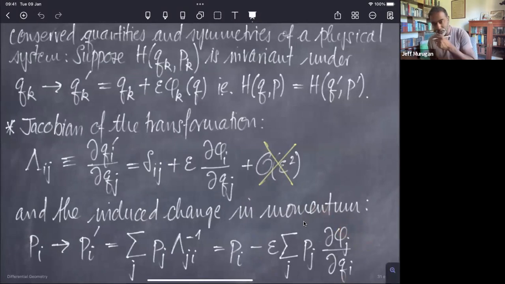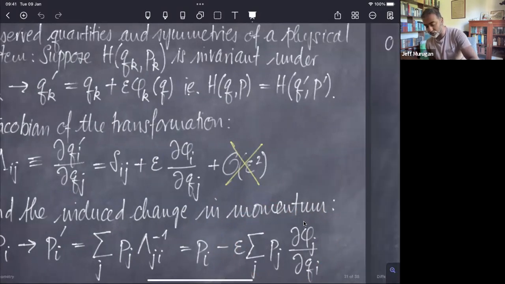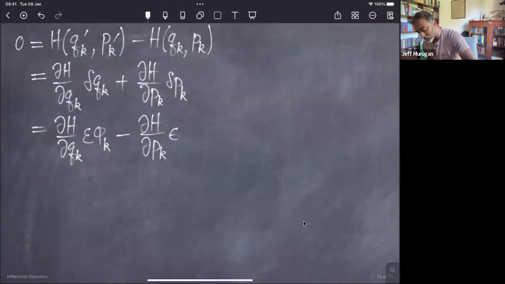So let me use Einstein notation here and drop the explicit sum on j. So this will just be epsilon times pi d phi i by dqk.